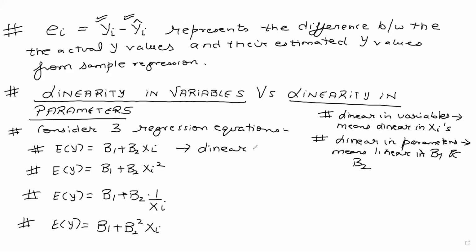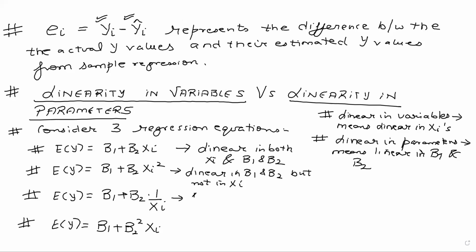So guys, let's look at these equations. Equation 1 is linear in both xi and B1 and B2. But guys, look at the second equation. This is linear in B1 and B2. It's linear in parameters, but not in xi.